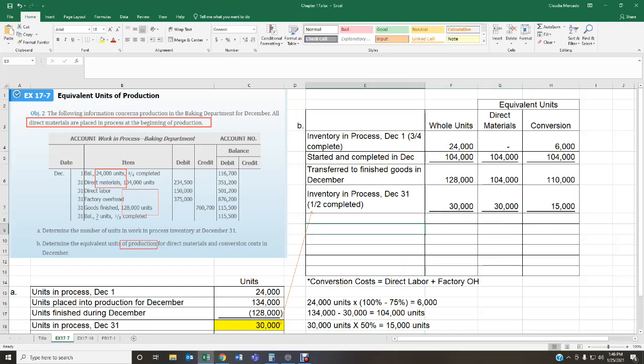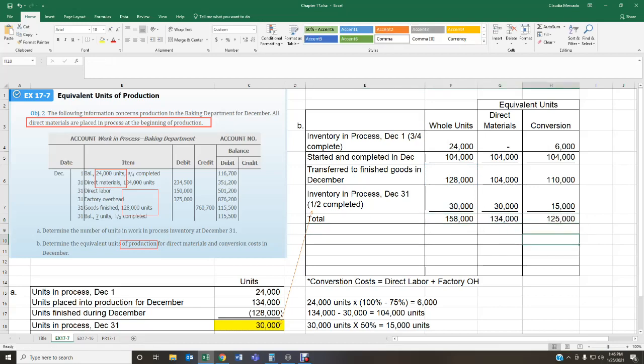And now I can get my total. I'm going to add whatever you got transferred to finished goods in December, plus the inventory in process at the end of the month, and that's going to give you your total, and we're going to do that for each column.